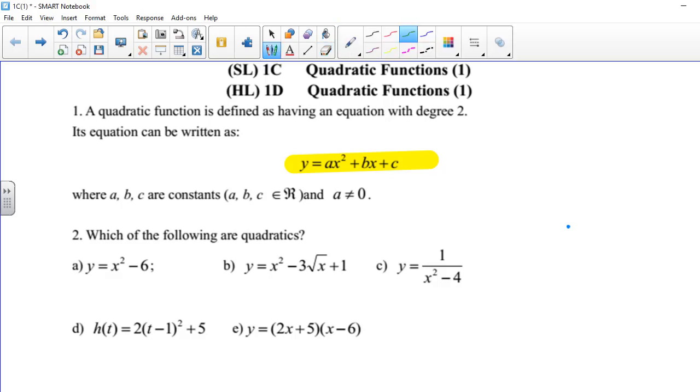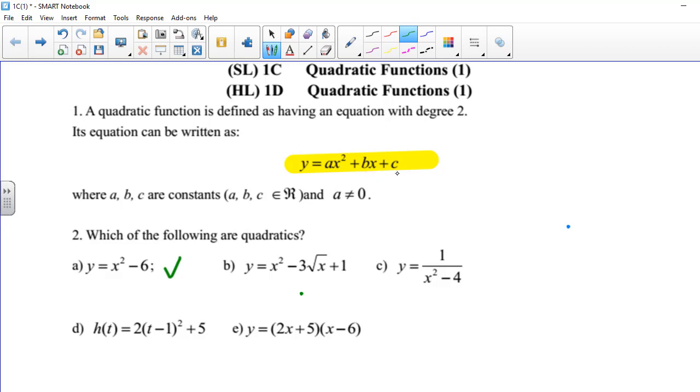Yes, it is. Some students may ask, the quadratic function should look like y equals ax squared plus bx plus c. We should have 3 terms on the right side. Right now, you only have 2 terms. So 2 terms is totally fine for a quadratic function. If we go back to look at this quadratic function, we only can have a, which is non-zero number.